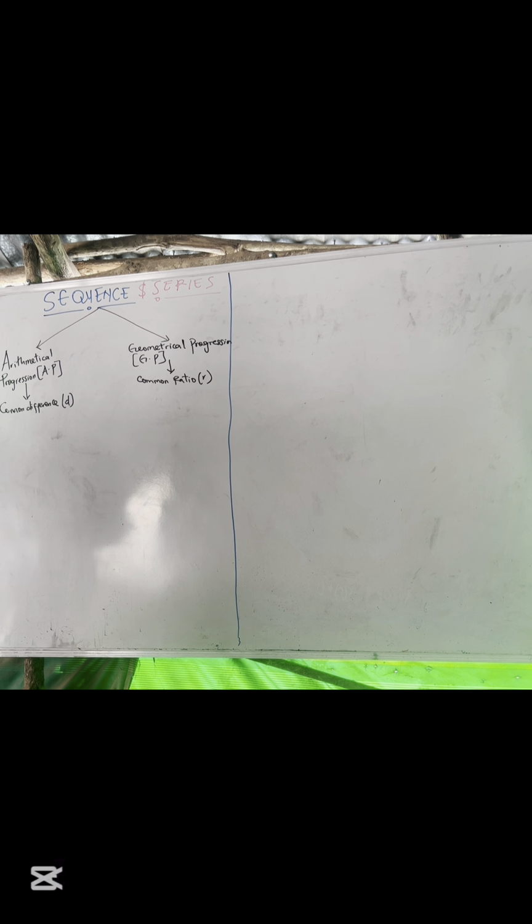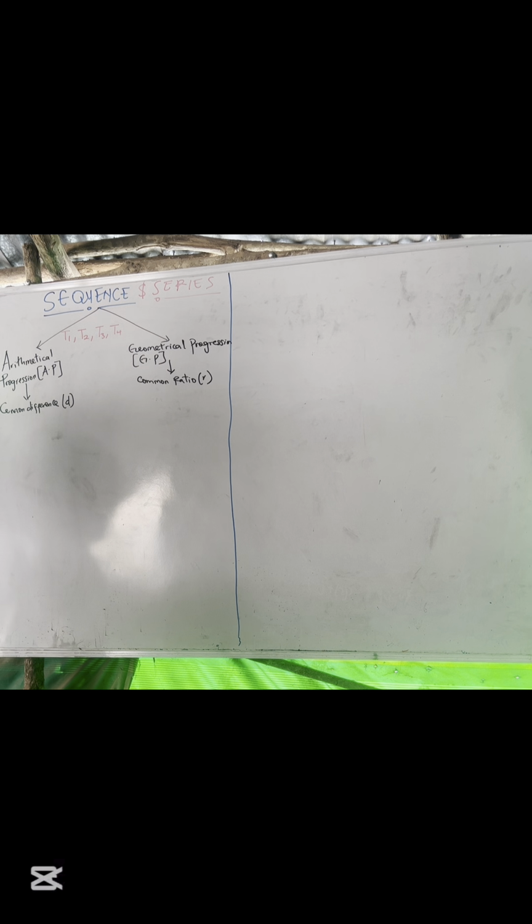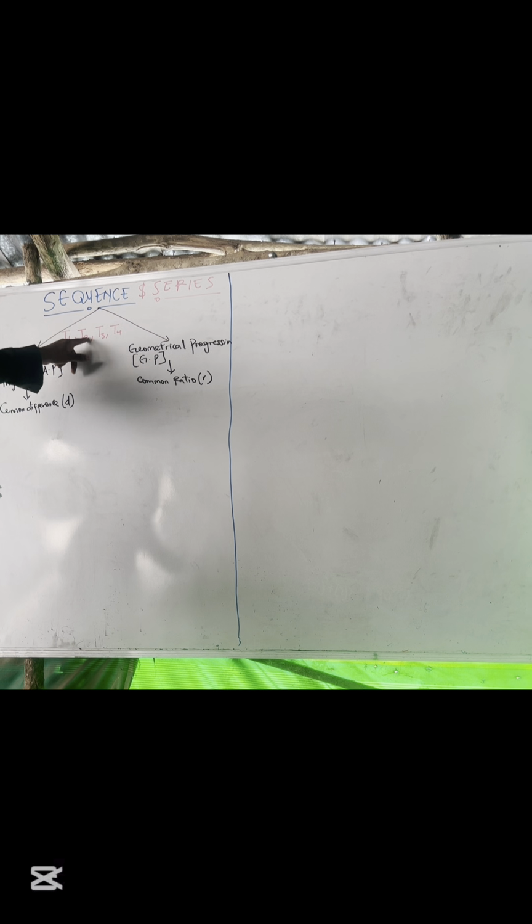So when we have some set of numbers arranged consecutively one after the other, in which the next number is gotten from the number before it by a particular rule, those set of numbers can be referred to as what? Sequence. So generally, we can have the sequence to be the first term T1, the second term T2, the third term T3, the fourth term T4.